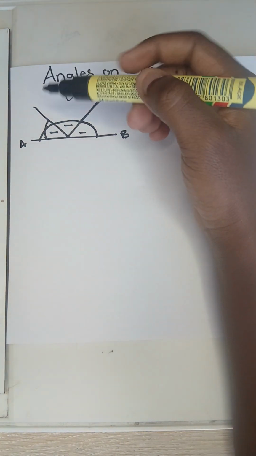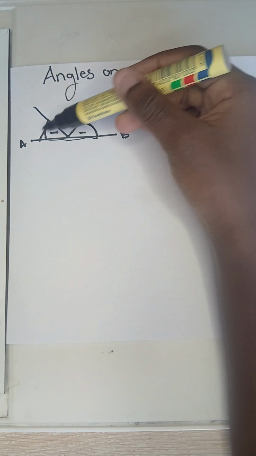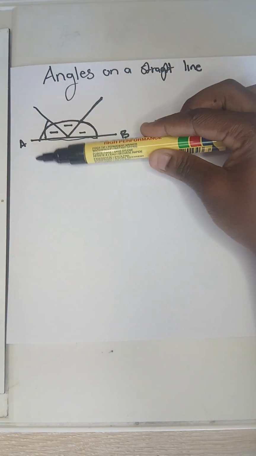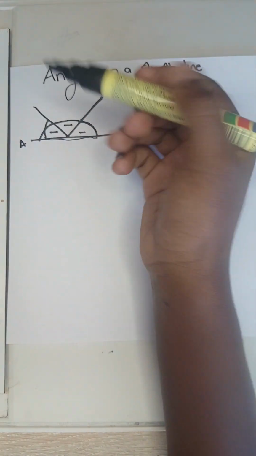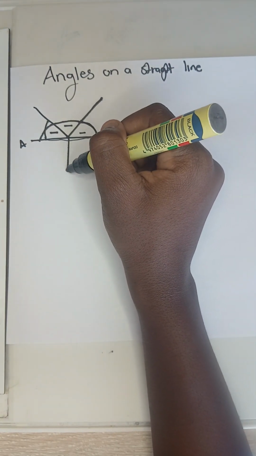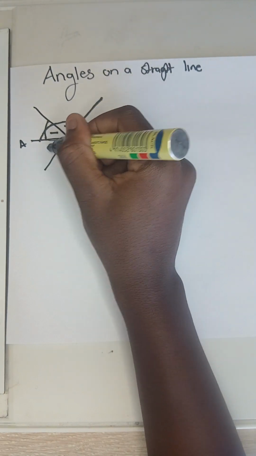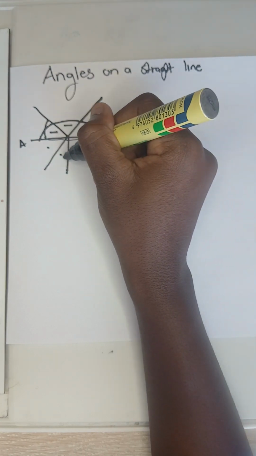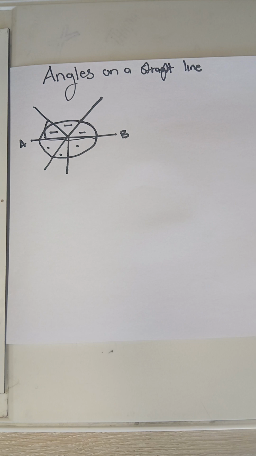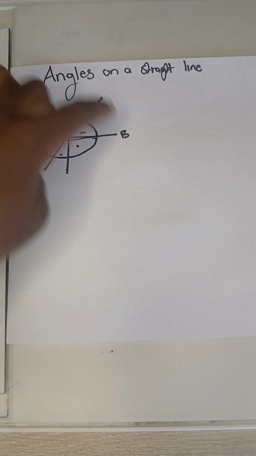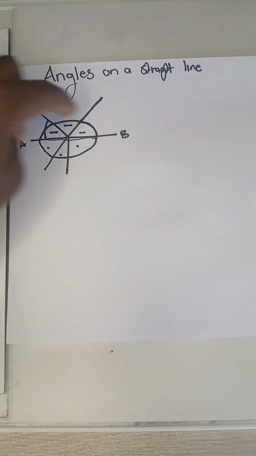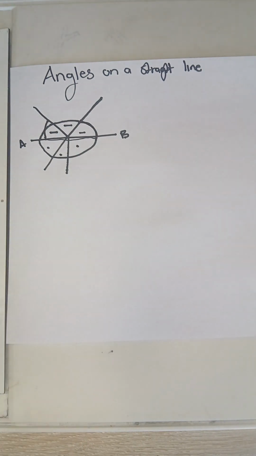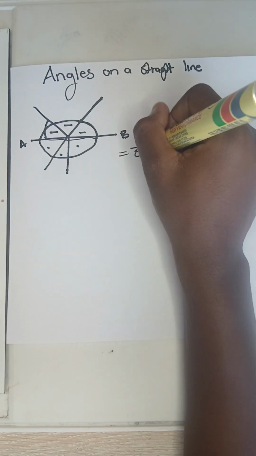Because this is a straight line here on top, and here also, this is a straight line. So if we have the other angles here, these angles also add up to 180 because they are also on a straight line, which gives us the answer that all angles around a point are equal to 360.